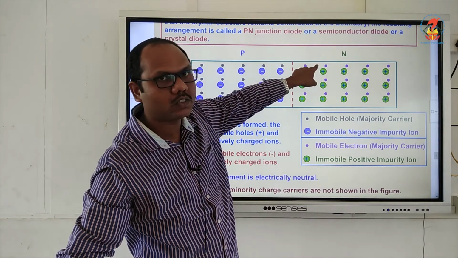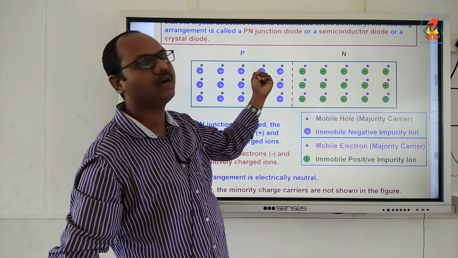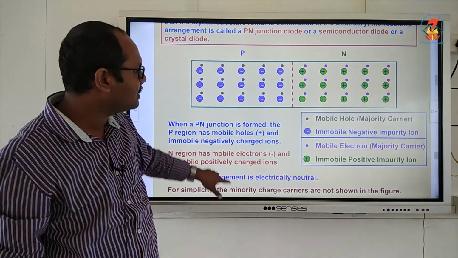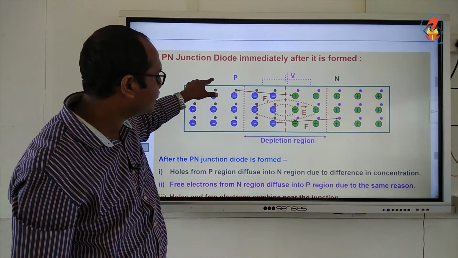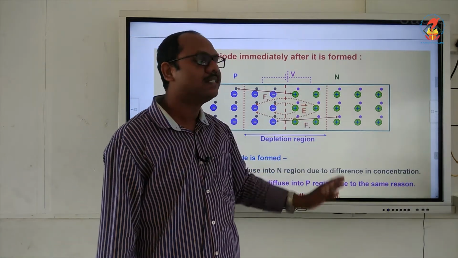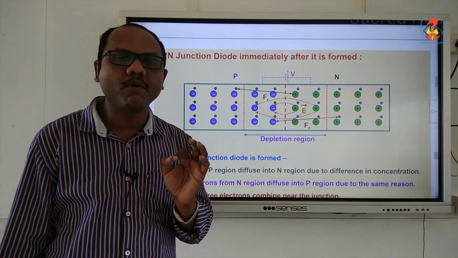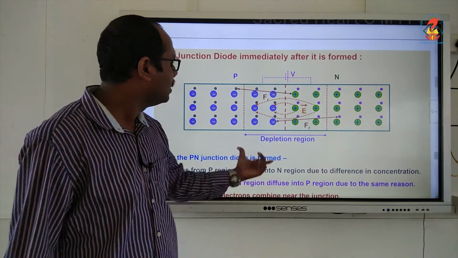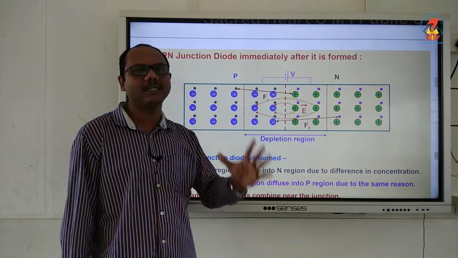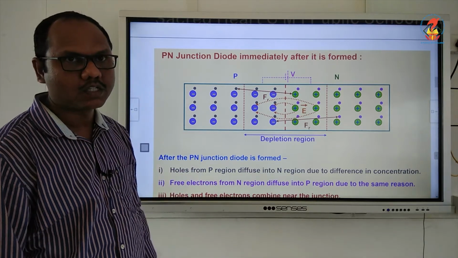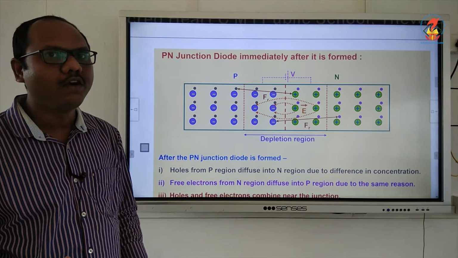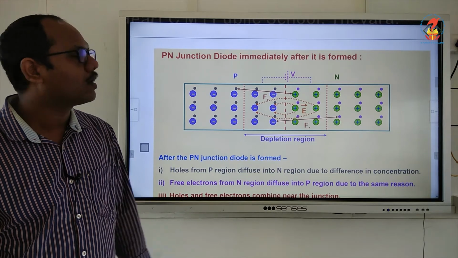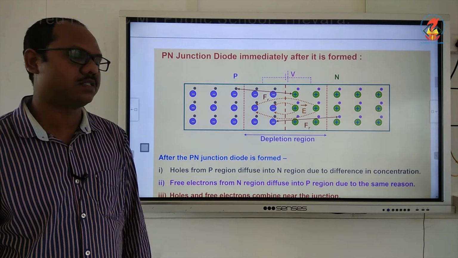Similarly, free electrons on this side combine with the holes here. As a result, a region is created where there are no mobile free electrons or holes. This region is called the depletion region. So, the depletion region is a region where there are no free electrons or holes.